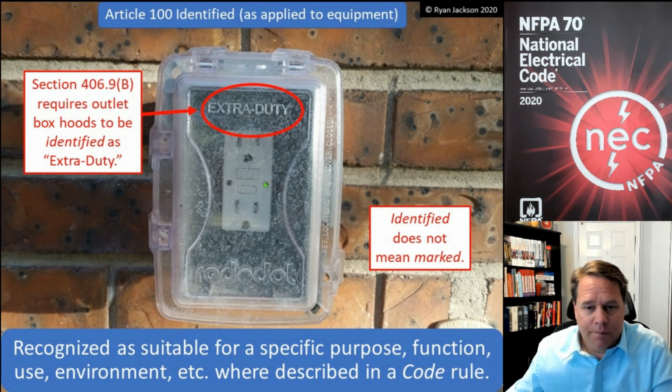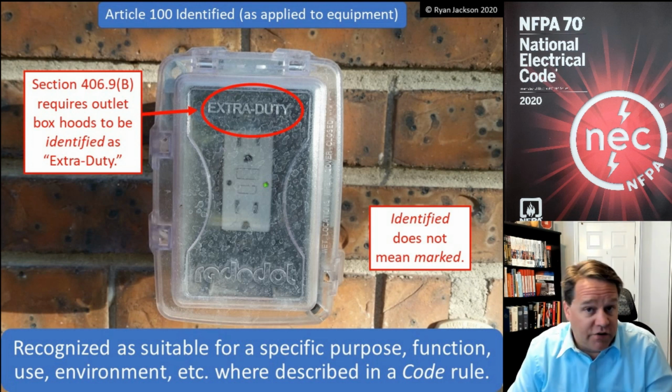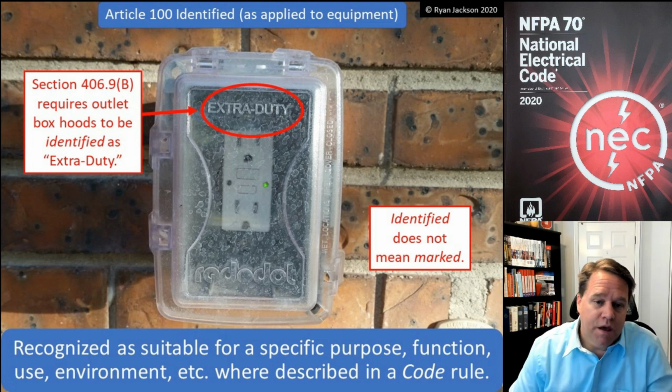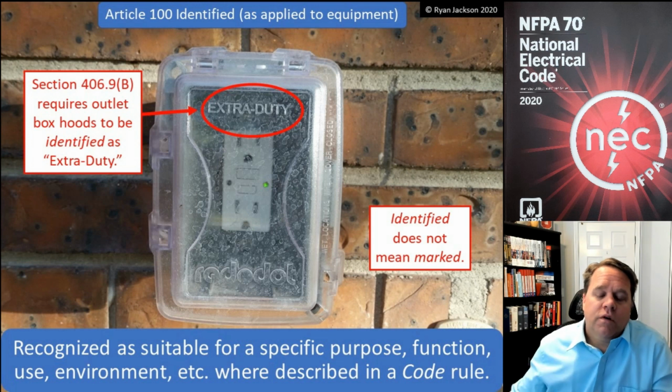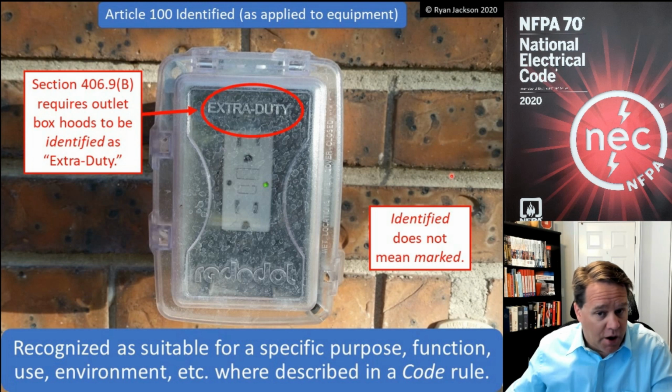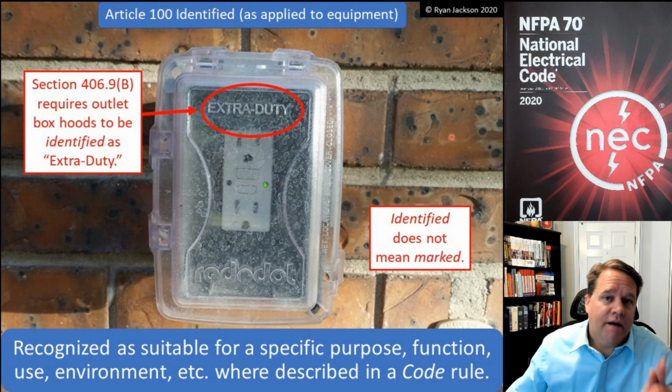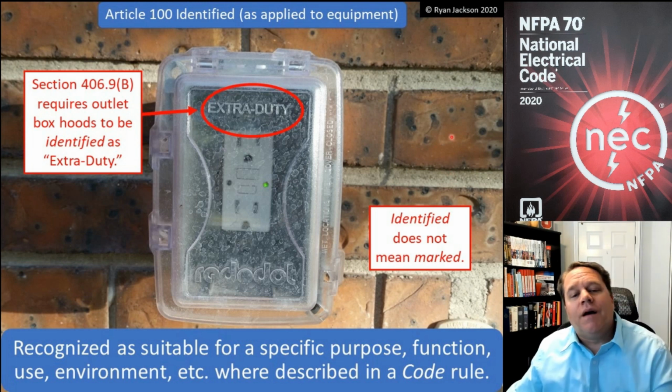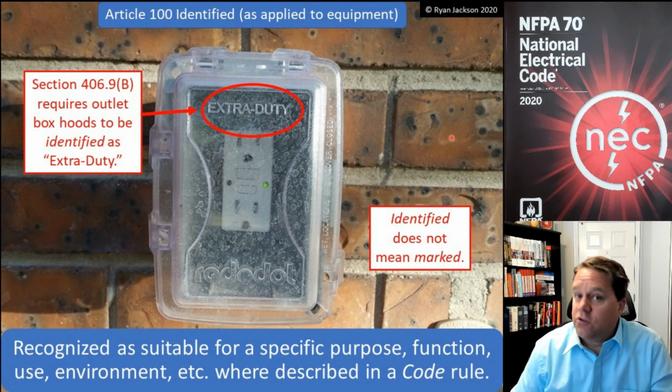So for example, if I open up the code book and I go to section 406.9(B), I'm going to find out that these outlet hoods have to be a listed product, but not only do they have to be listed, they have to be identified as extra duty.